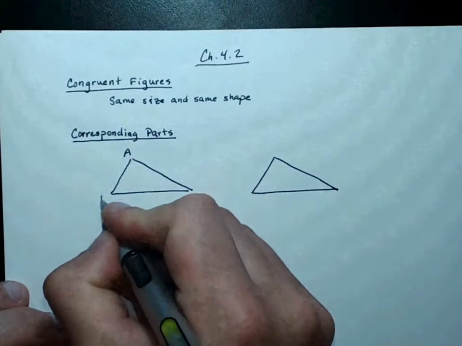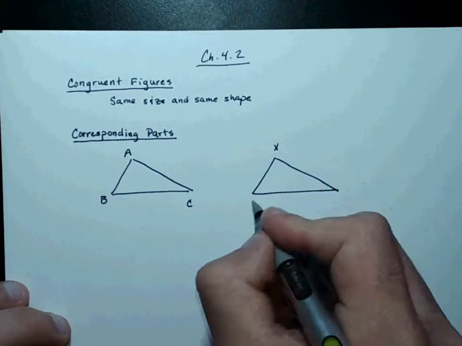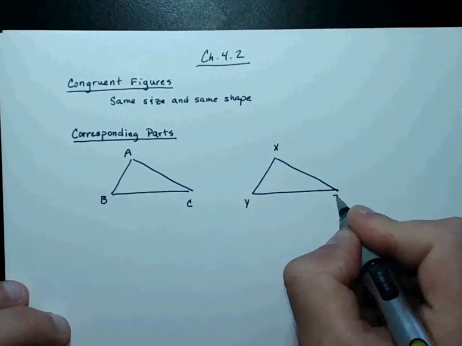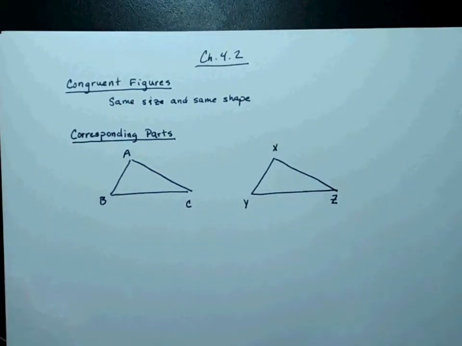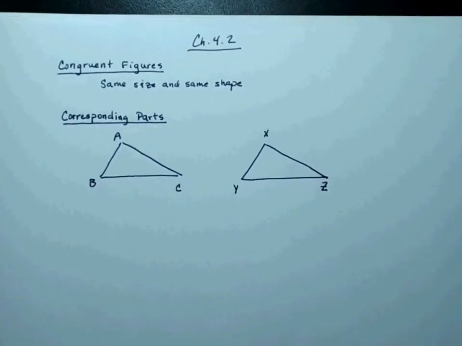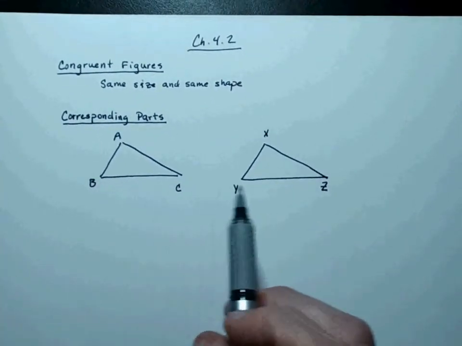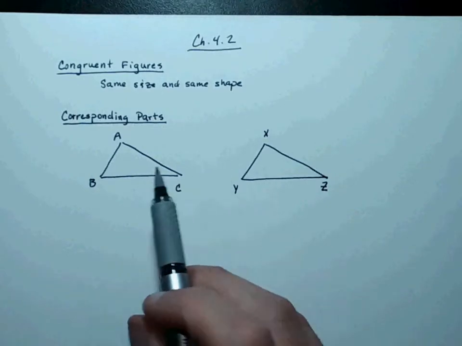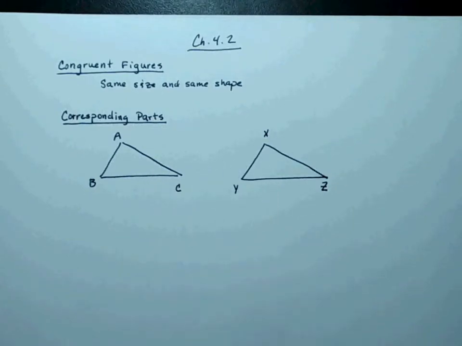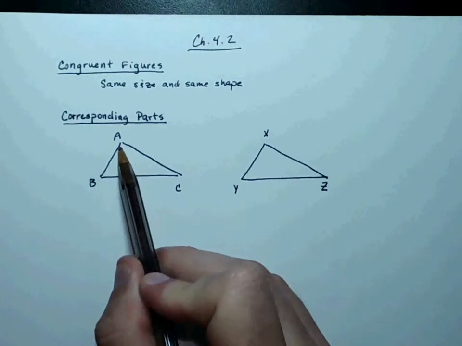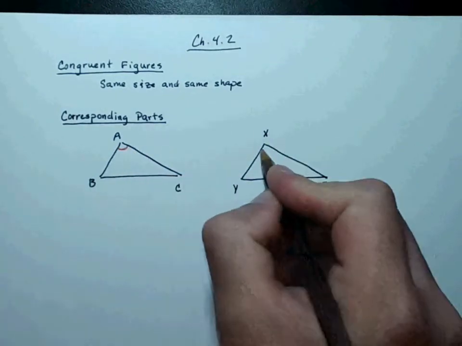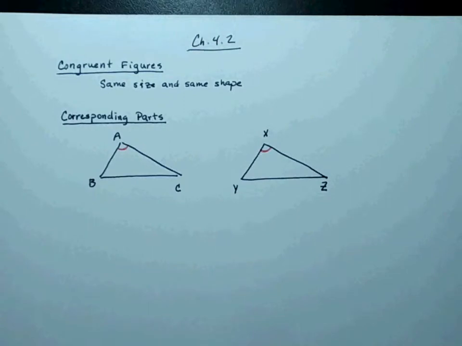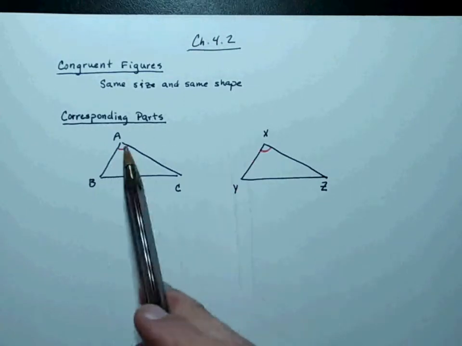I'm going to label them ABC and XYZ. Corresponding parts. If these two triangles are congruent, then they have corresponding parts that are congruent. For instance, angle A would correspond to angle X because they would have to be congruent.